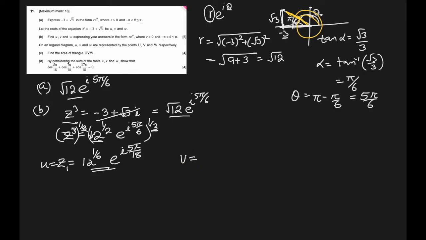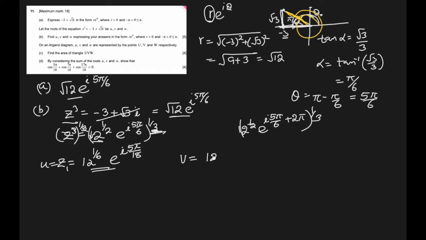So what we're going to do now is, in place of 5 pi by 6, let me write here 12 to the power half e to the power i 5 pi by 6. This was the one. I will add 2 pi to this. So this will give me the second value of z cubed, and then I have to give it power 1/3, just like this.